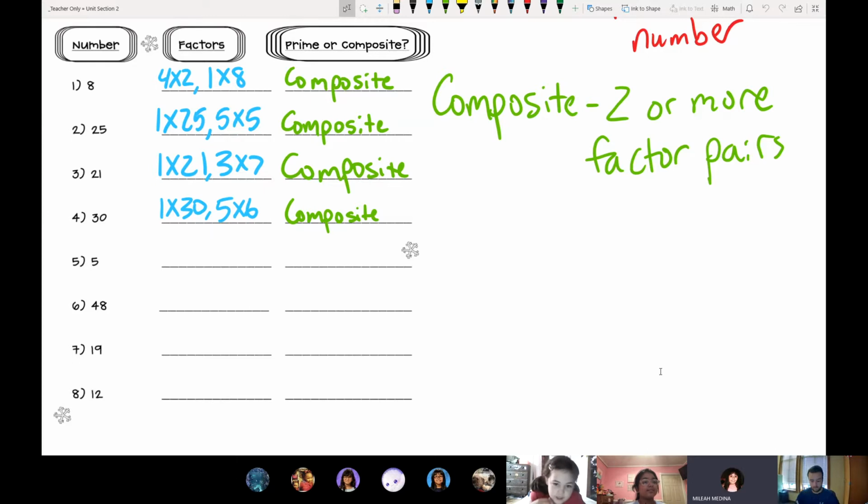Five times 5? No. So that would give us 25. Remember that we could always, and this was a little bit before you joined us too, but we said that we could always multiply 1 times the number, right? That's one factor pair. So if we were to do that for 5, what would that factor pair be?